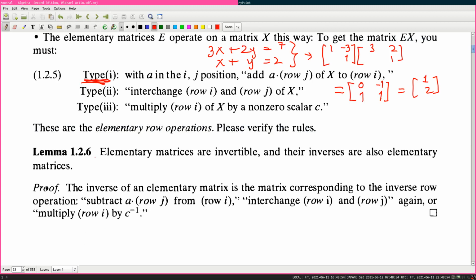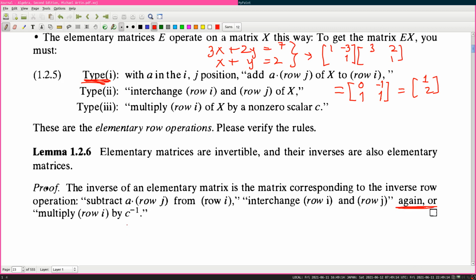All right. The diagonal matrix with C on one of the diagonal entries, where C is not equal to 0, just multiplies one of the rows. And if you multiply on the right, it'll multiply one of the columns. The transposition, obviously if you do a transposition twice, you get the inverse, so that's why it says again here.